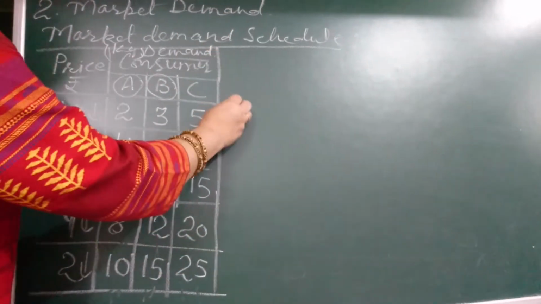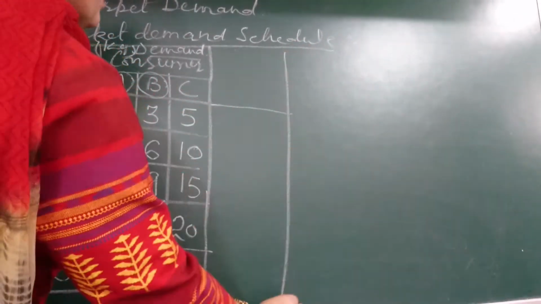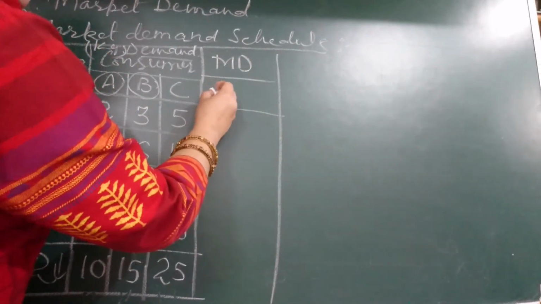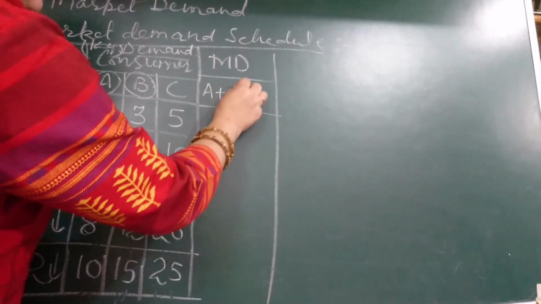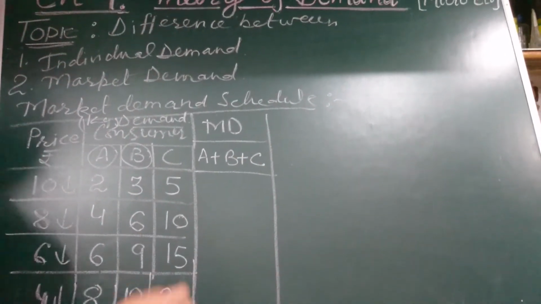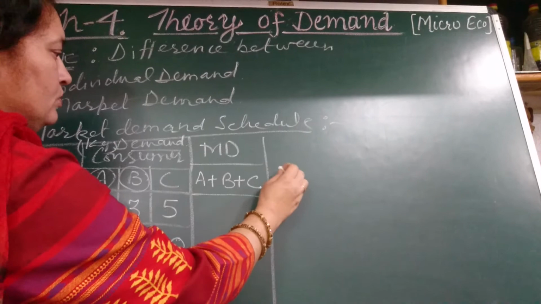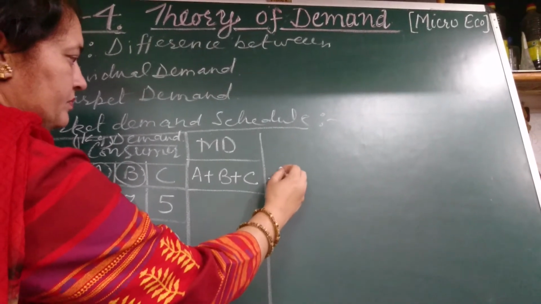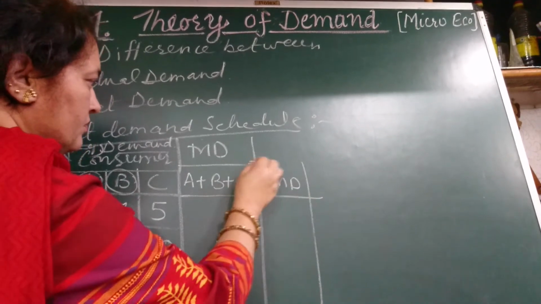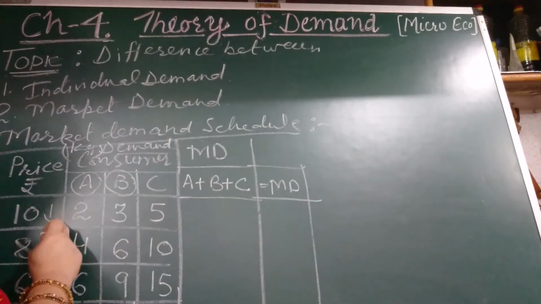Now let us prepare market demand, which is horizontal summation of all individuals demand. It means A plus B plus C consumers demand is equal to market demand. Market demand is the horizontal summation.